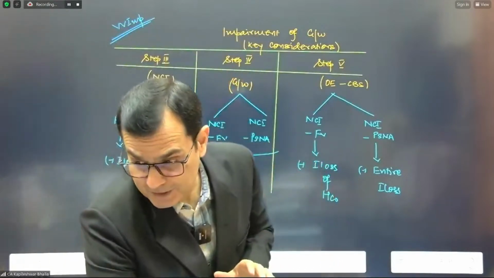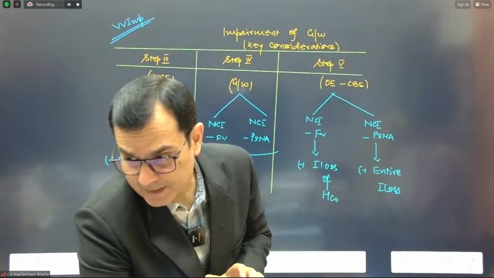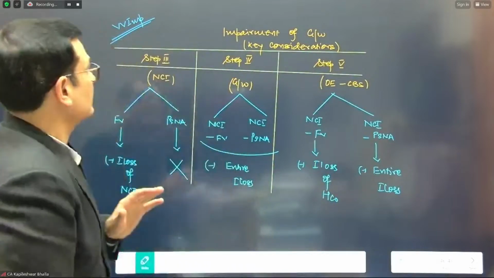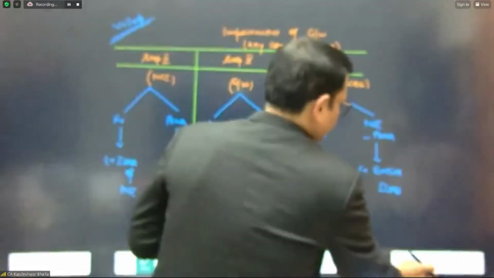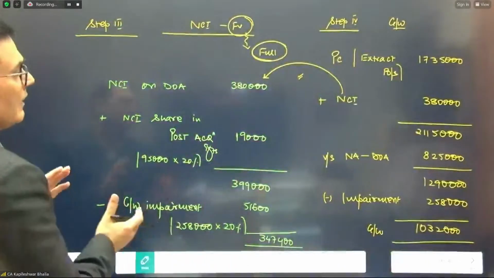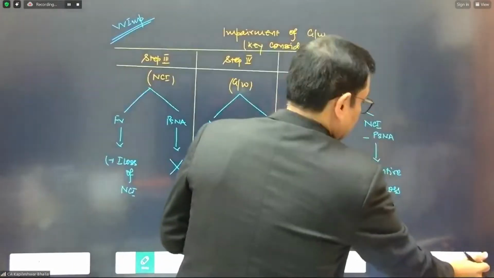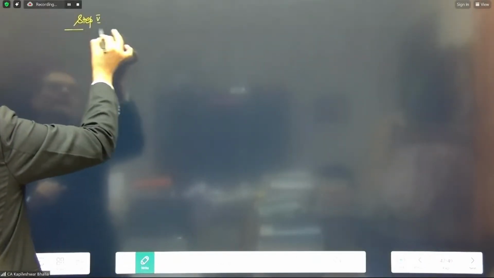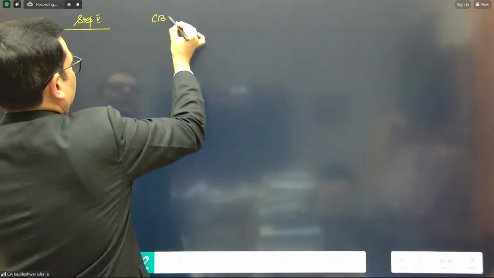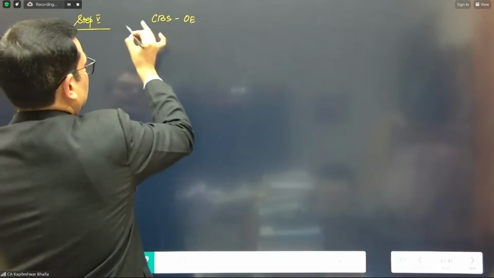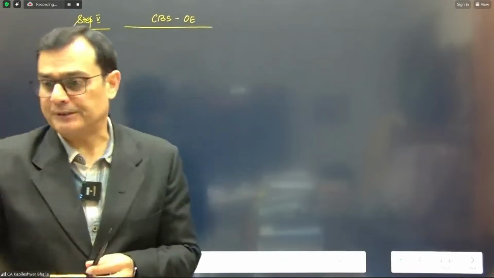Okay, so let's now take it further. We're done with step number 4. All right, now let's go to step number 5 and get the figures for other equity in the consolidated balance sheet. In step number 5, we are trying to calculate the other equity in the consolidated balance sheet.